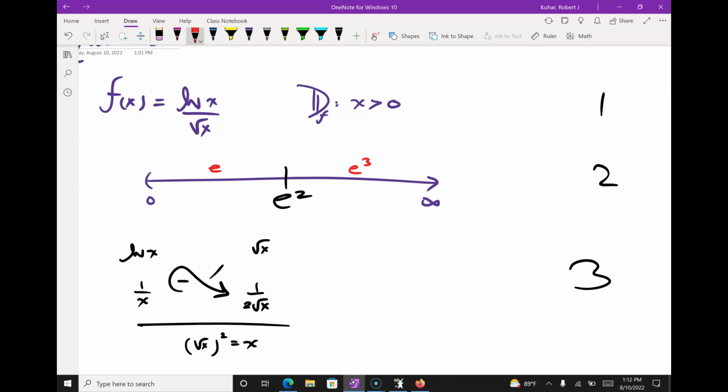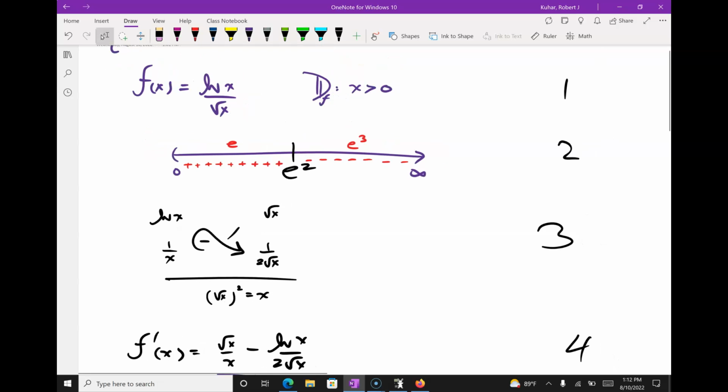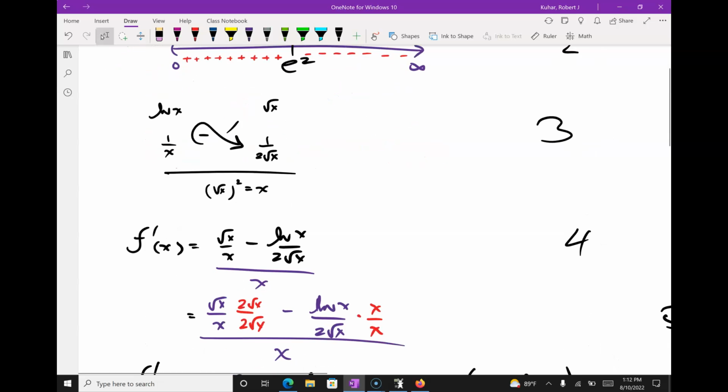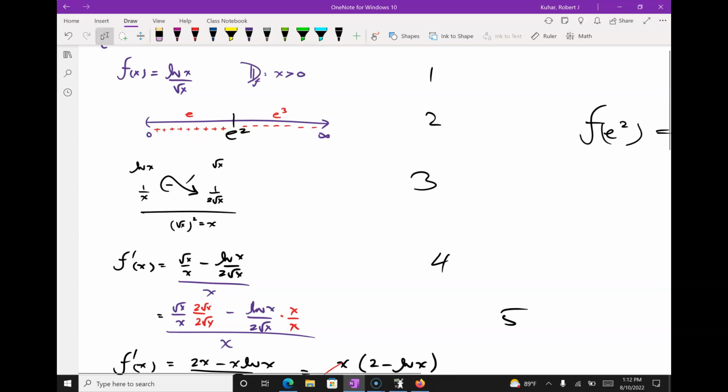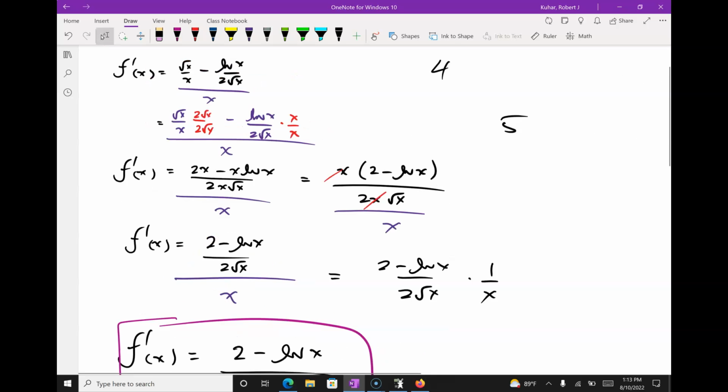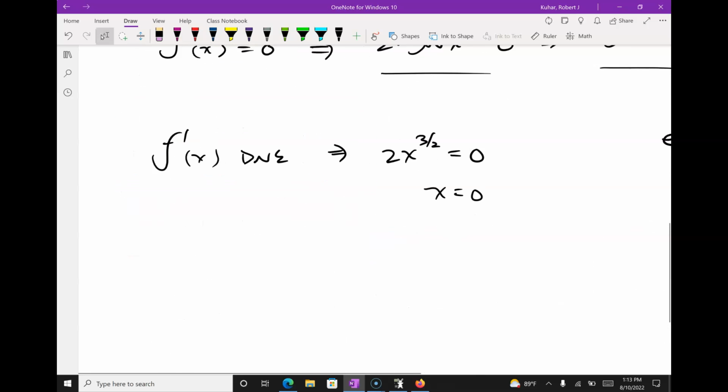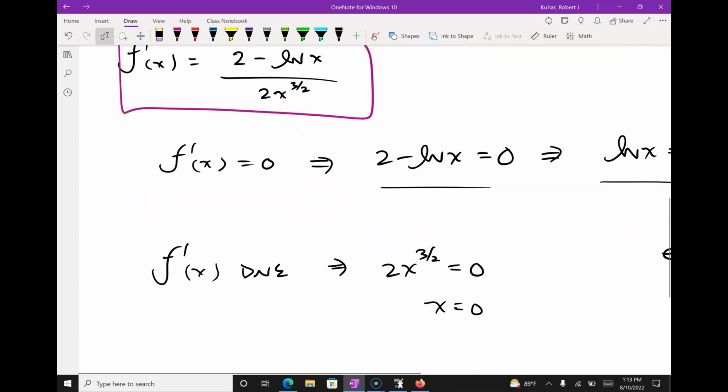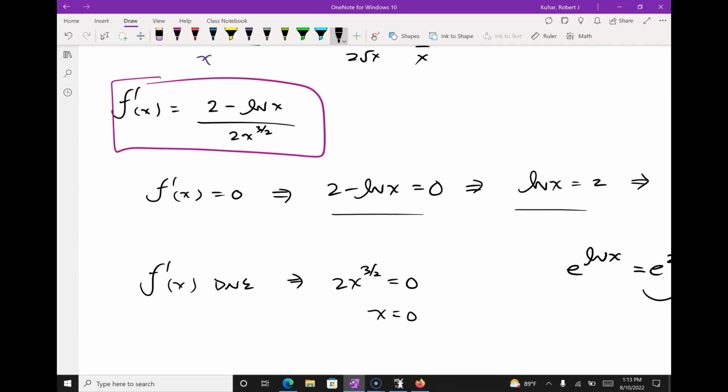I think I already see what's happening for my first derivative test. I think it's increasing, so first derivative is positive, and then decreasing, first derivative is negative. But let's double check. Let's take our derivative and double check e.